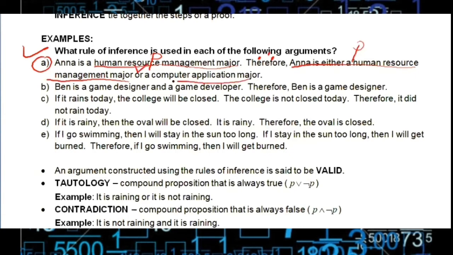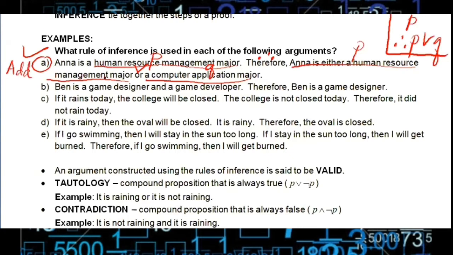A computer application major, another proposition, so Q. So the formula, P, therefore P or Q is addition. So letter A, ang ginamit dito ay addition.